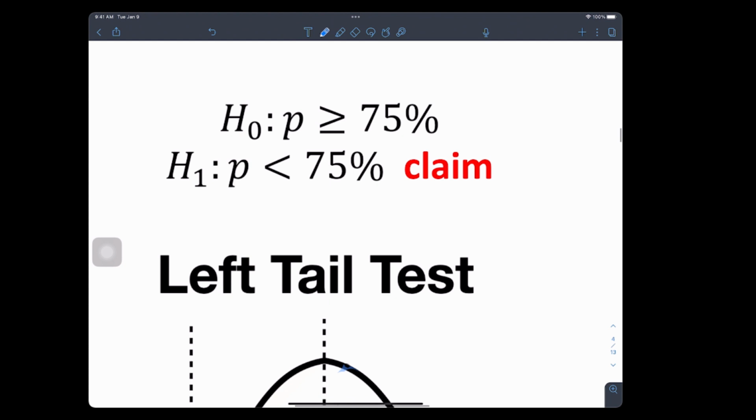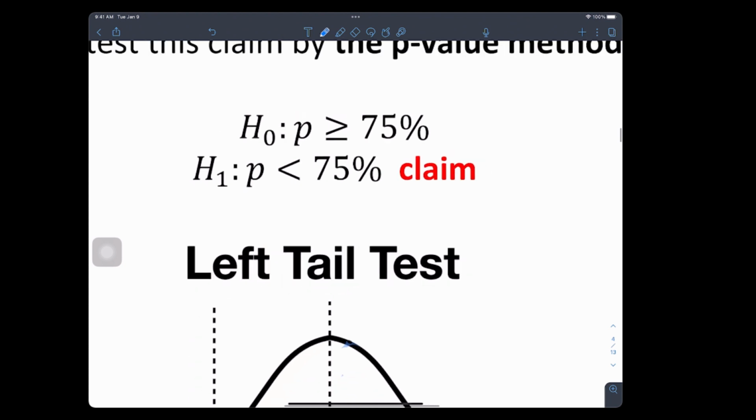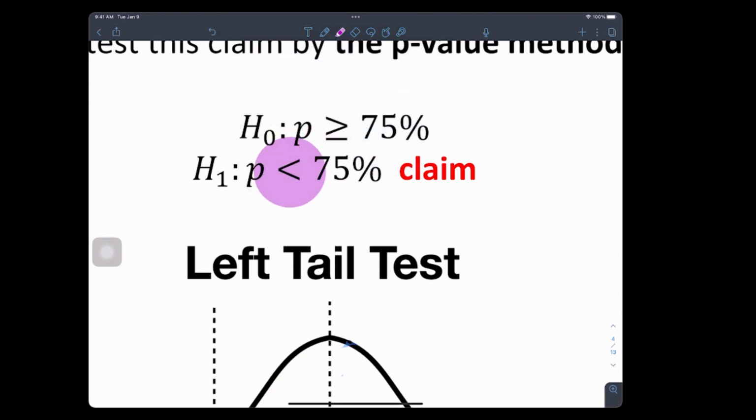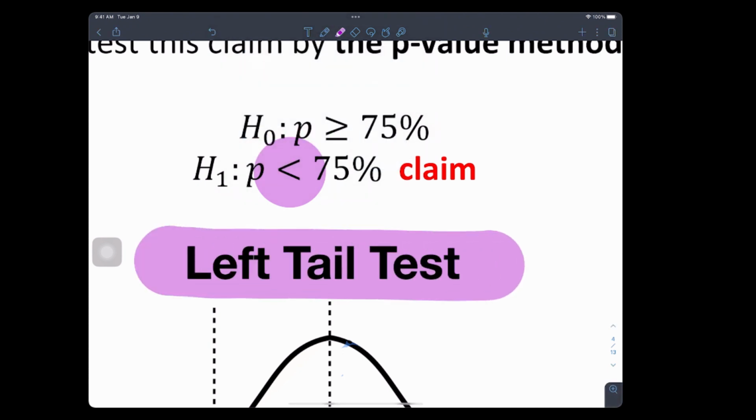What's the logical opposite of less than? Greater than or equal. Good. What kind of tail test is this, since I'm looking at it? It's left. Isn't that pointing to the left? This is why I drew a picture of a what? Of a left tail test.